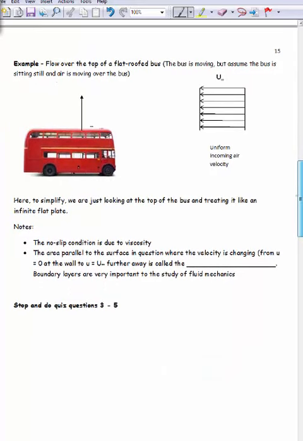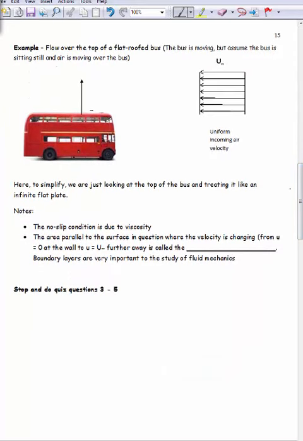And an example of the no-slip condition, if you turn the page. So let's say we have a bus that's moving into the still air. Well, instead of looking at it as the bus moving into the still air, let's instead look at it as if the air is flowing over the bus, like the bus is in a wind tunnel. It's the same thing, it's just easier to think of. So what happens is out in front of the bus, we have a constant uniform incoming velocity, right?